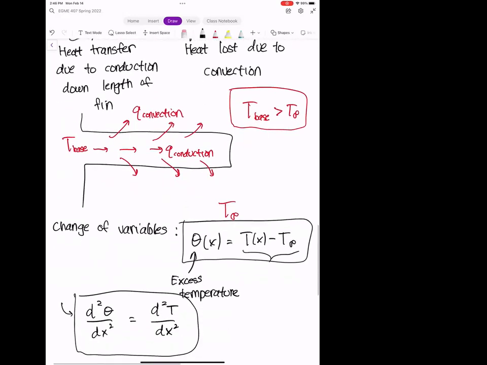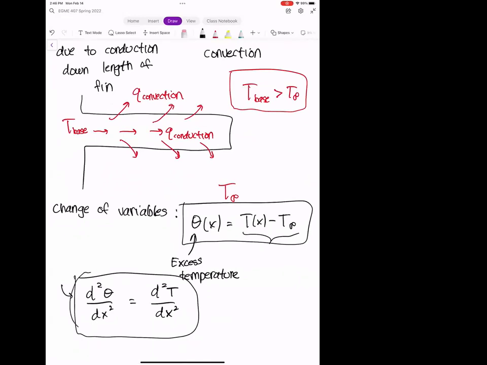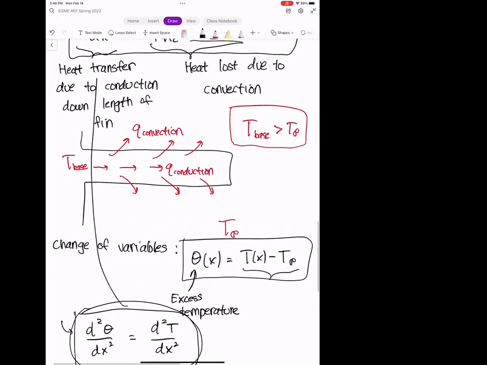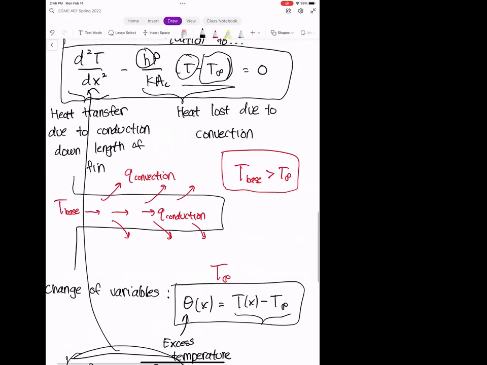Now that we've defined these two variables, let's plug these back into our heat equation. First of all, we can make this direct substitution where d squared theta dx squared is exactly equal to d squared T dx squared, so we can plug it right in. There's a one-to-one correlation there. Meanwhile, theta is equal to T minus T infinity, so we can plug that in for this entire expression right here. And this is great for us because it eliminates the inhomogeneity of this equation.